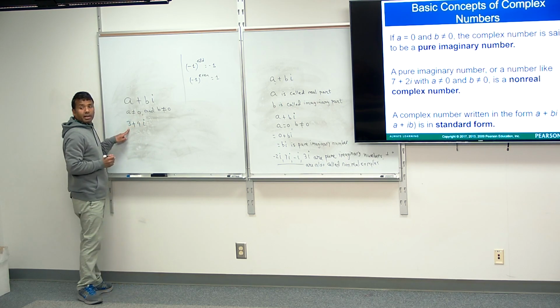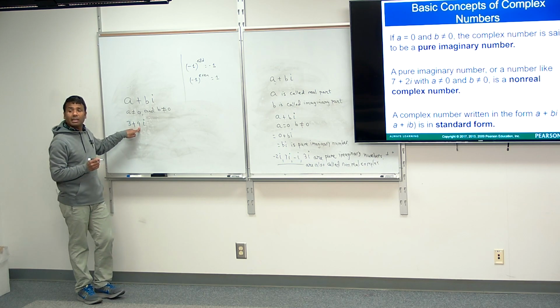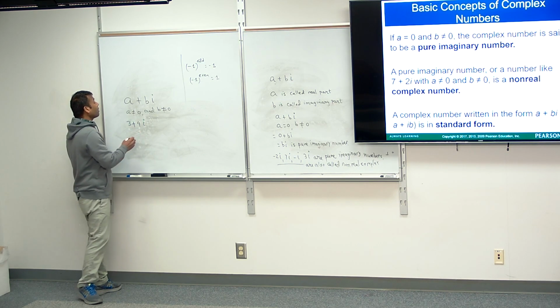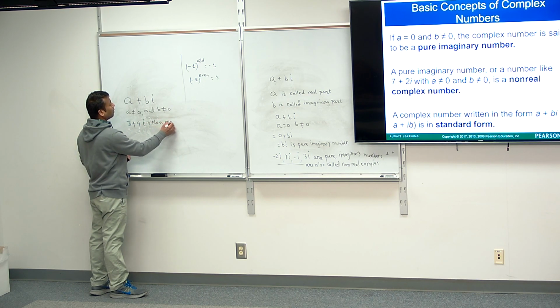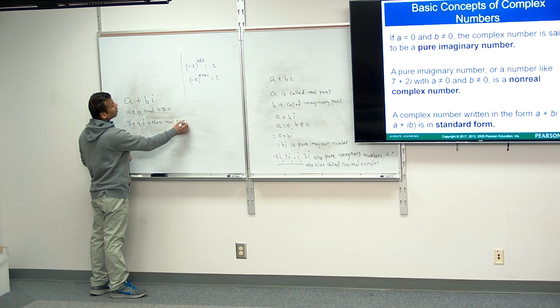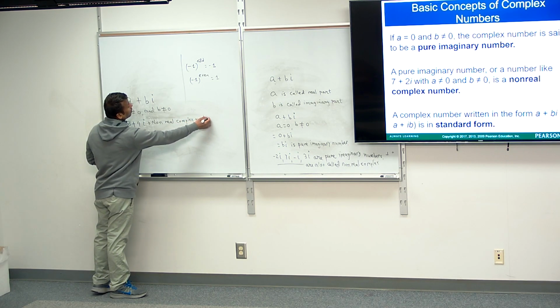What is the real part here? 3. What is the imaginary part here? 4. They are both non-zero, is that right? So they are also called what? Non-real complex numbers.